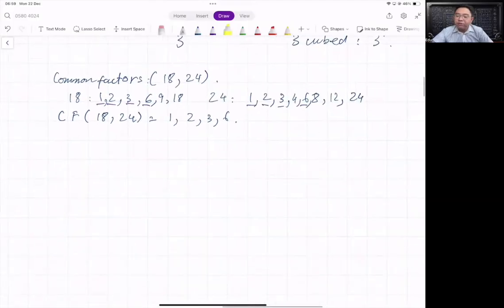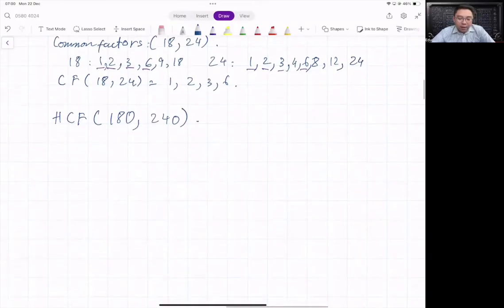You can read off from here and say it's 6 because 6 is the largest in this list. But what about numbers that are much bigger, let's say 10 times as big? What is the highest common factor of 180 and 240?